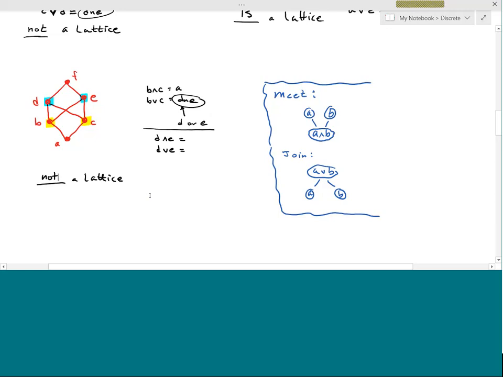But if you actually did want to look at the guys highlighted in blue here, so elements D and E, it turns out the same sort of thing happens. Their join does exist and it's F, but in terms of their meet, notice their meet could be either B or C. And since that one could be either B or C, this is another case when you get a does not exist right here.